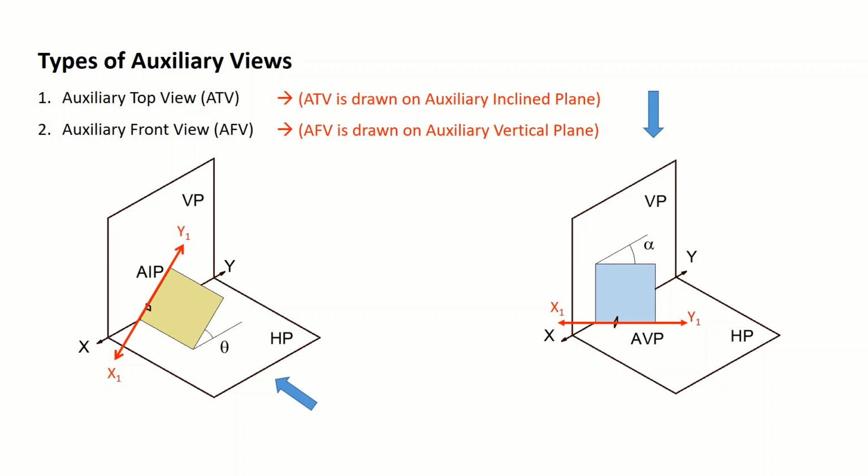Again, if it is viewed from this direction of the arrow, then the AVP will look like a line, and that line is the reference line x1 y1, inclined at an angle alpha to the reference line xy. So the AIP, that is auxiliary inclined plane, contains the ATV, and the AVP, that is auxiliary vertical plane, contains the AFV.